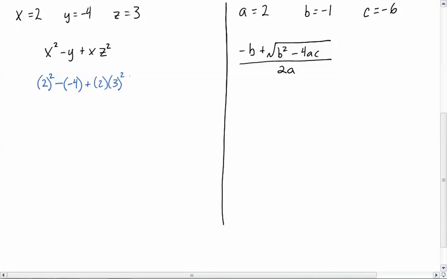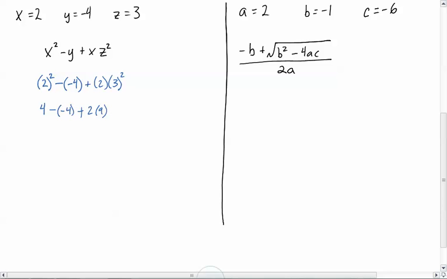All right, now according to PEMDAS, we do the exponents first, so 2 squared is 4. Now this could be treated as a subtraction, so we're not going to worry about that one quite yet. And then we're going to go plus, and then we will do 2 times 3 squared, which is 9.